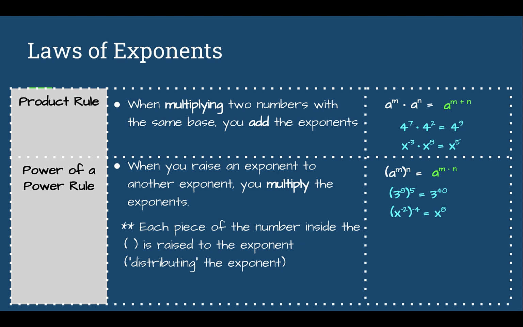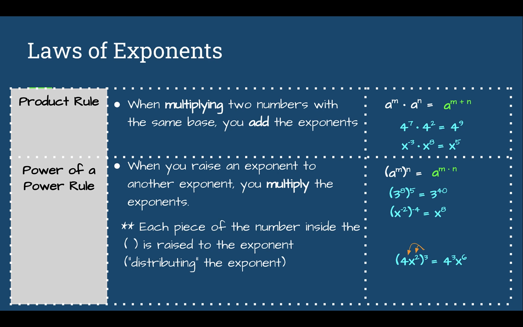One thing with the power of a power rule, if there's more than one thing inside the parentheses, the exponent outside the parentheses that you're raising it to gets reverse distributed essentially to every base that's inside. So here we had 4x squared to the third power. That outside third power needs to go to the 4 and to the x, because those are different bases.